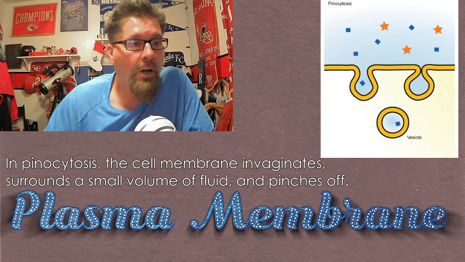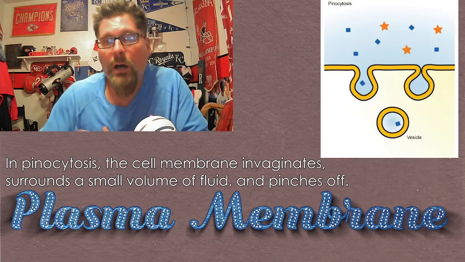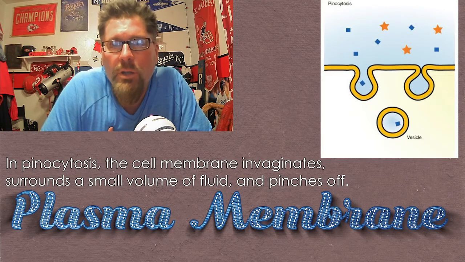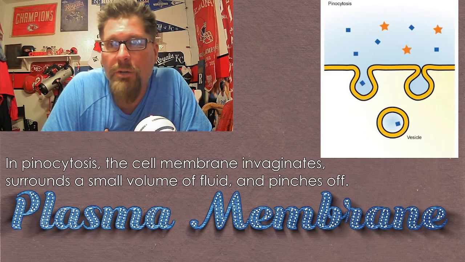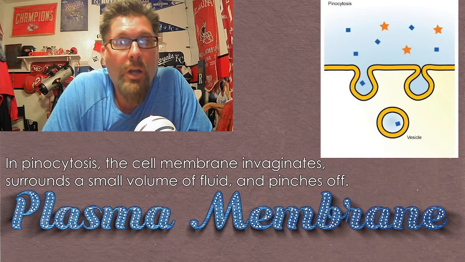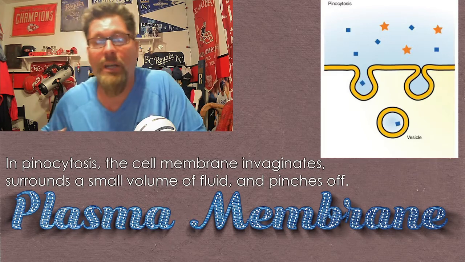Okay, so here's our next type, pinocytosis. This has more to do with the volume of liquid as it brings in the material. Maybe the particle is in a solution, something along those lines. But the same idea occurs.